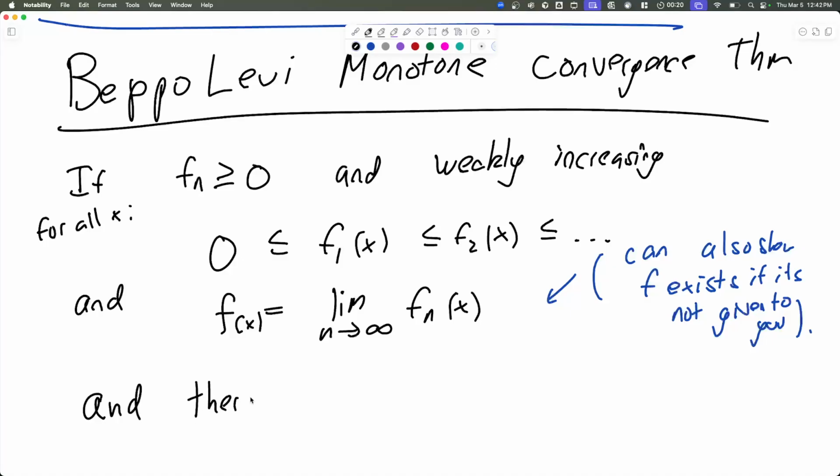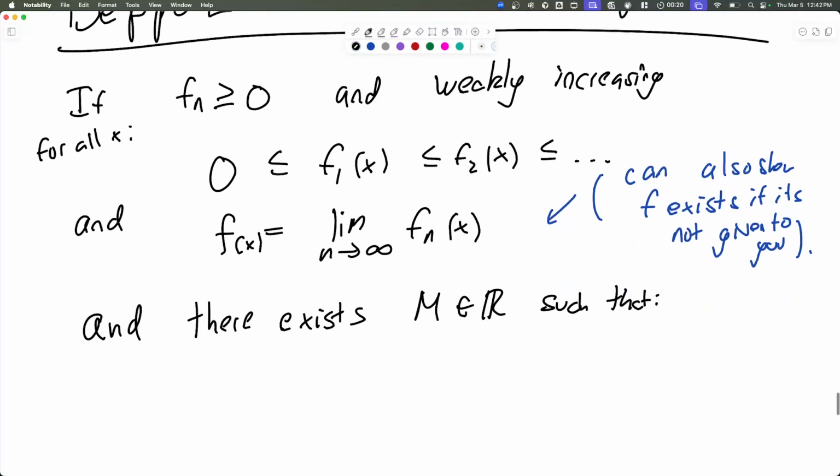And there exists M such that the sup over n of the integral of fn is less than M. So the integrals of the fn's cannot pass M. M is like some upper bound that bounds the integral of all of the individual fn's.